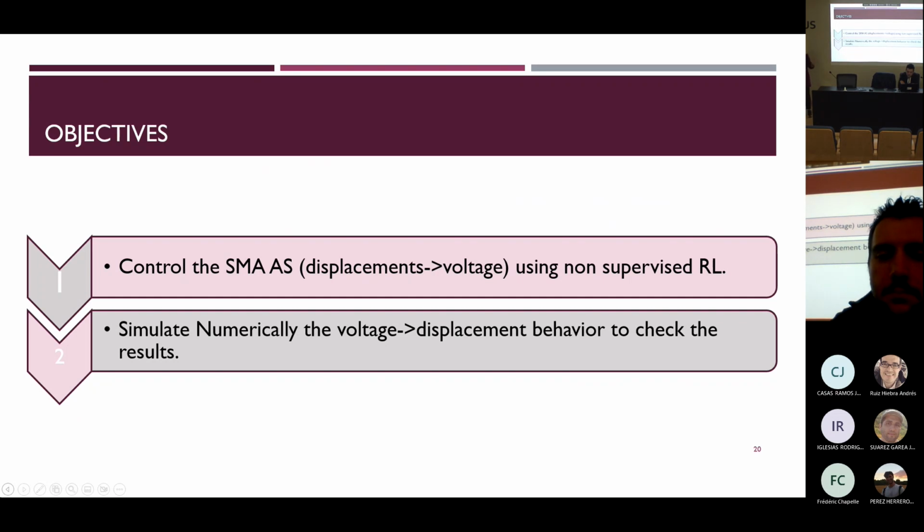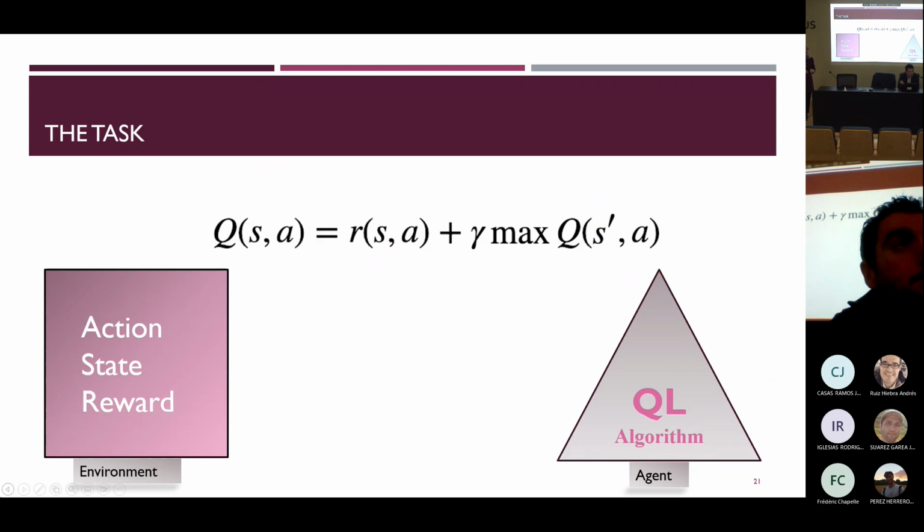Two ways. First, using artificial intelligence, which is now reinforcement learning. And second, experimentally, together with theoretical simulation. I mean a numerical simulation, equations and values. And sure, the first point is going to give linear and nonlinear results. Starting with RL, what is the task for RL to do here?